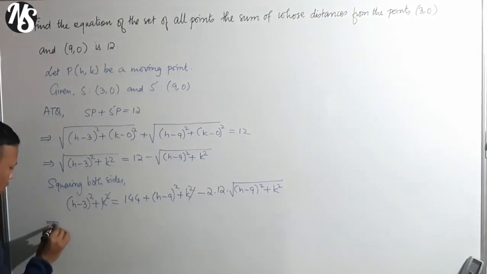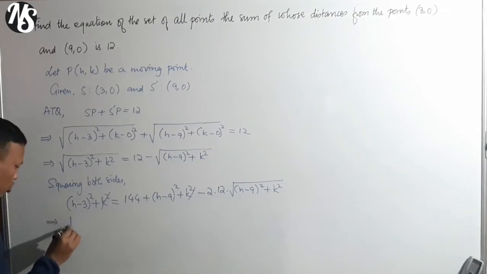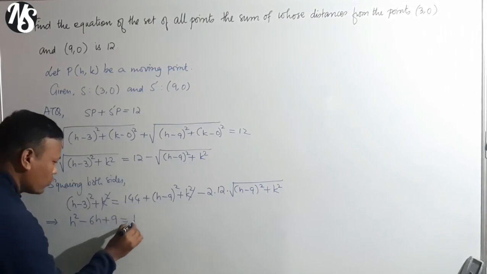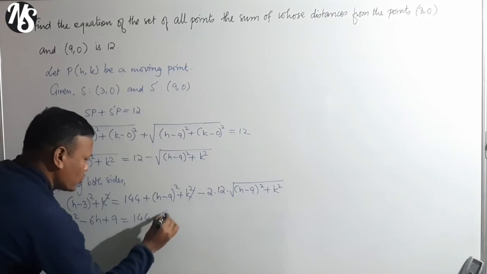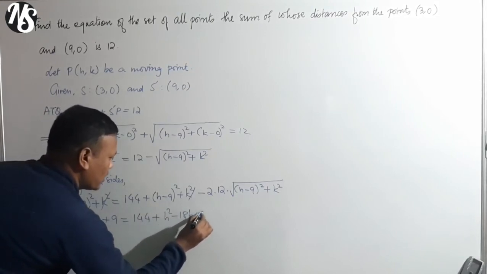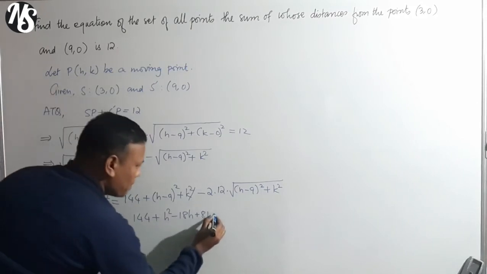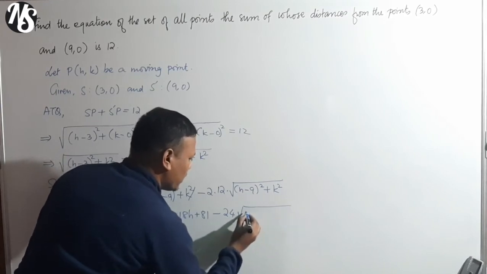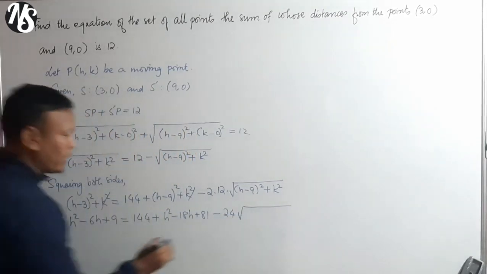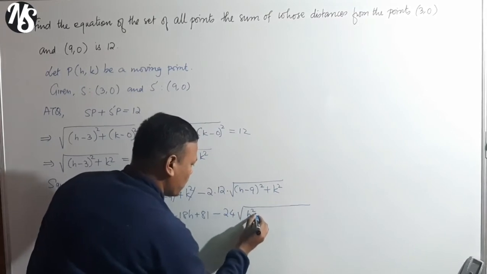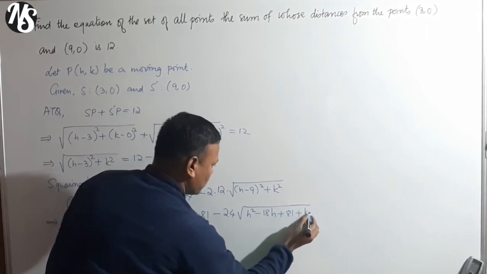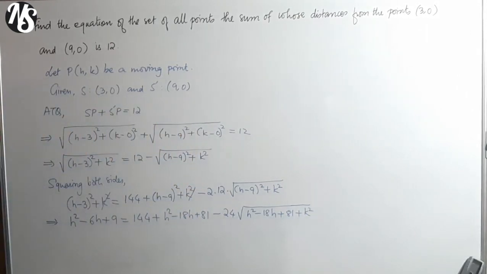So from here, see carefully, expand this, h square minus 6h plus 9 equals 144 plus h square minus 18h plus 81, minus 24 into the square root of, if you want to simplify this, that's also fine, h square minus 18h plus 81 plus k square. Again here h square and h square get cancelled.